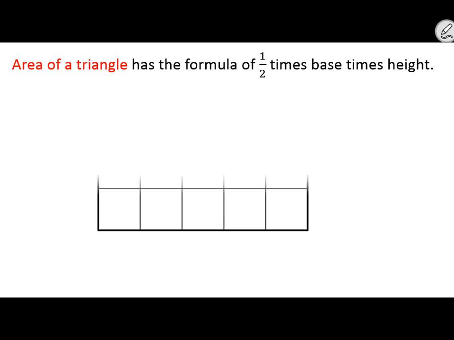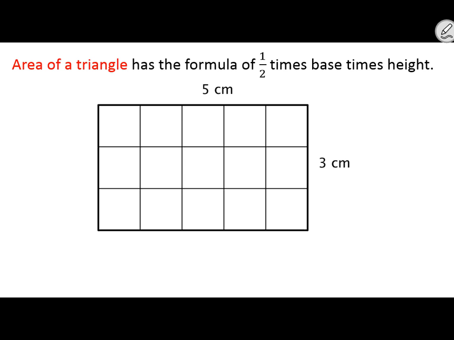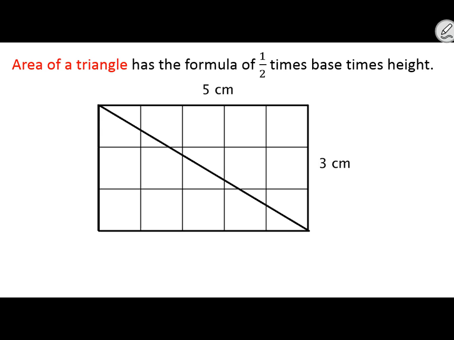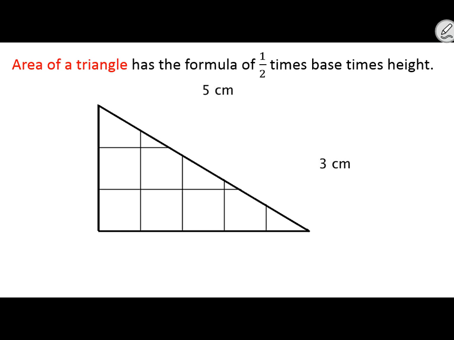And the reason why is we know the area of a rectangle. In this case, it's 5 by 3. But if I come over and I cut my rectangle in half, I get a triangle. So for us to be able to see it, I'm going to erase half of it. So that's why the area of a triangle is half base times height.